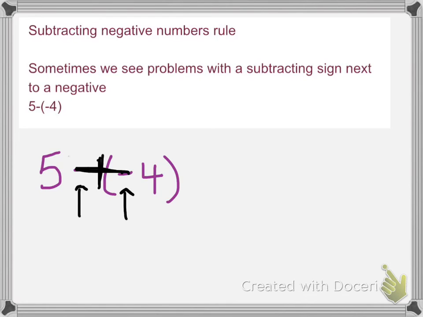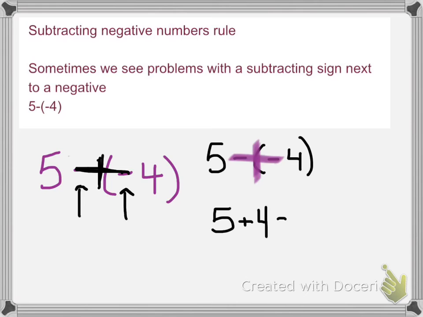So, if I was doing 5 minus negative 4, I see those two subtraction signs together, and I'm going to turn them into an addition sign. So really, I'm doing 5 plus 4 equals 9.